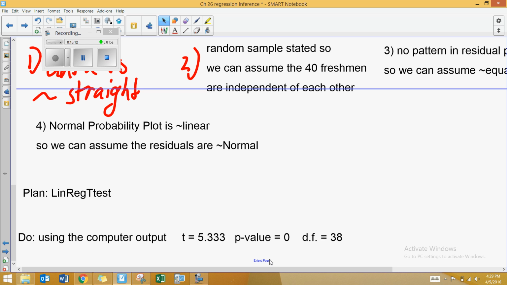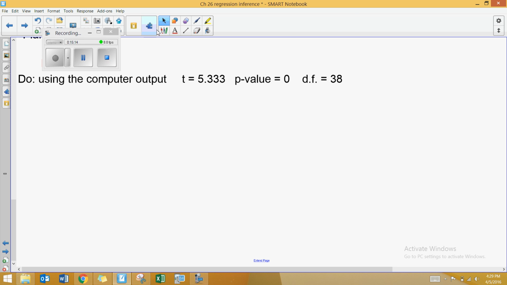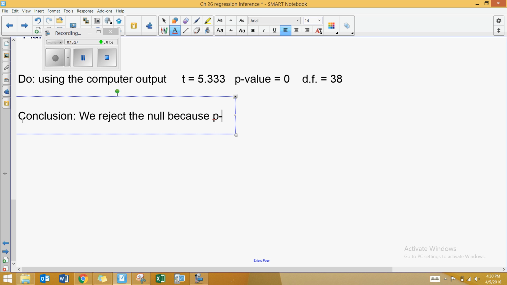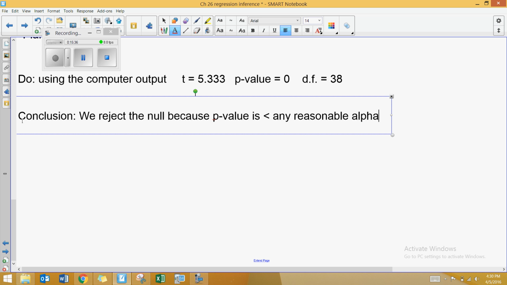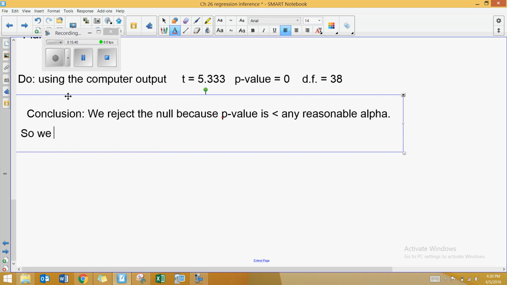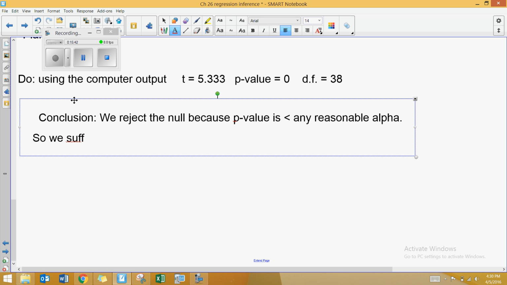Okay, we are ready to draw our conclusion. So our conclusion, like I alluded to just moments ago, will be we reject the null because p-value is less than any reasonable alpha, or any reasonable significance level. So we have sufficient evidence.